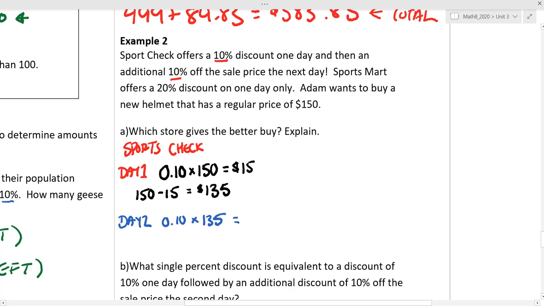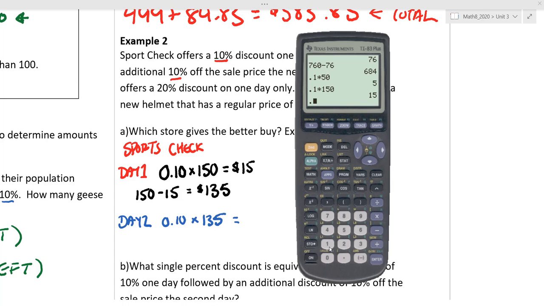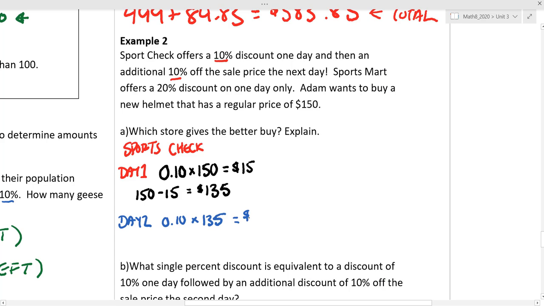So on day 2, you save 10% of 135. So you go 0.1 times 135, which is $13.50. So how much do you pay?